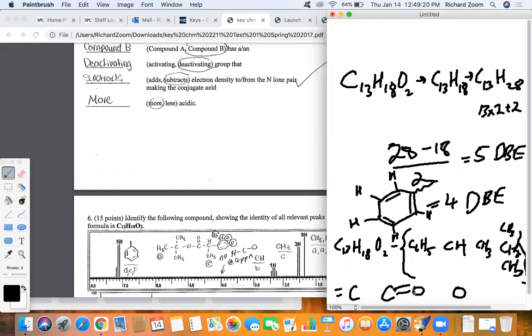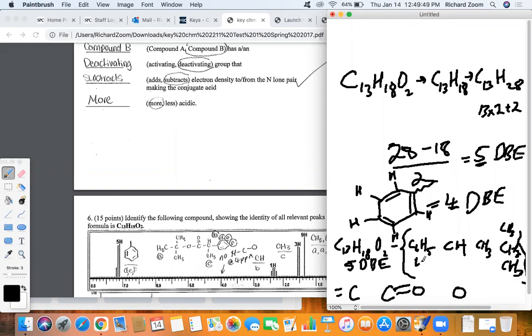It's much easier. So does anybody have any questions about how I know there's a C double bond O? Yes, can you explain it one more time? Okay, so you've got 5 double bond equivalents. You're okay with that, Mary? Yes. And you know that the aromatic ring takes up 4, right? That means we have 1 double bond left over.